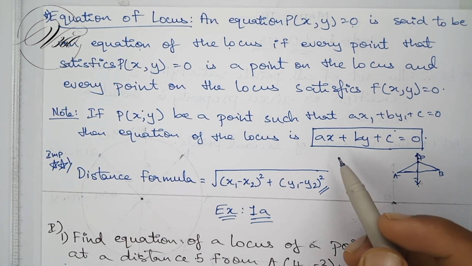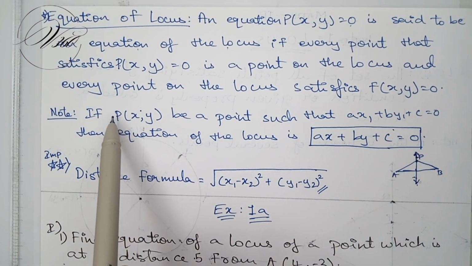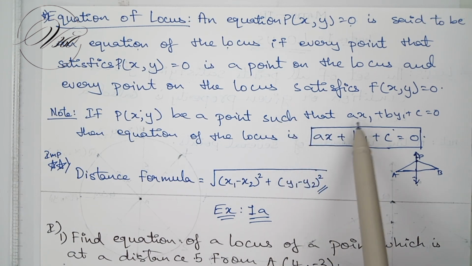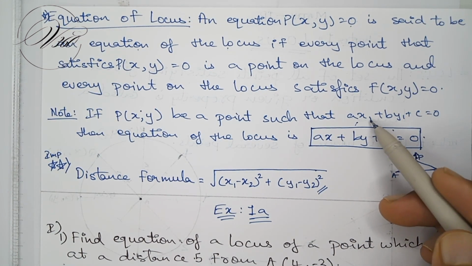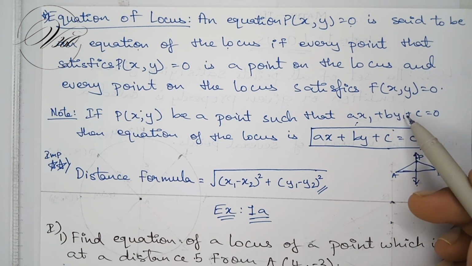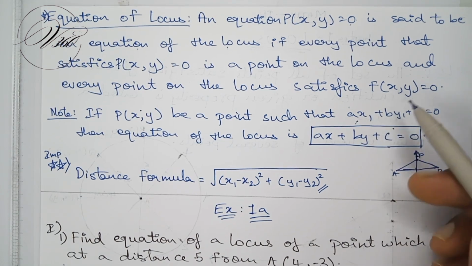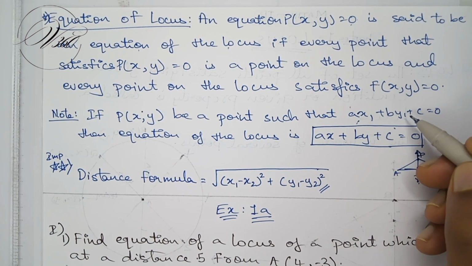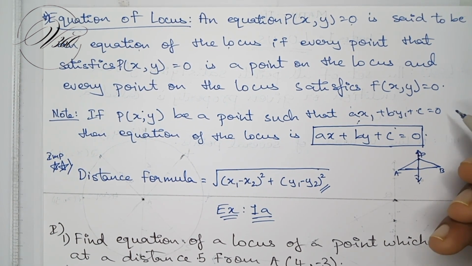Here this note is conveying that if the point P is like this, ax1 plus by1 plus c equals 0, which is the general form, it means a into x1 is multiplied, b into y1 is multiplied, and c into 1 is multiplied, which equals 0.